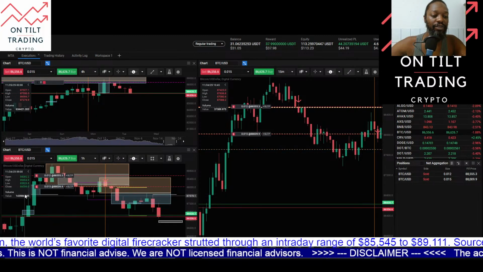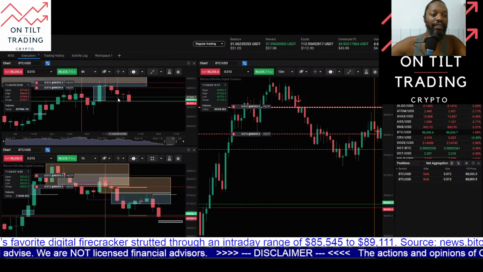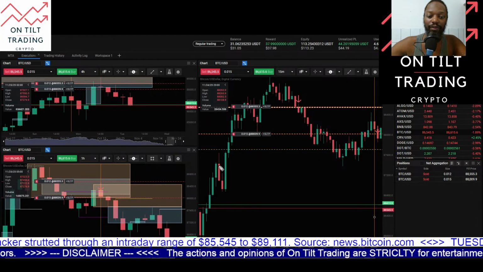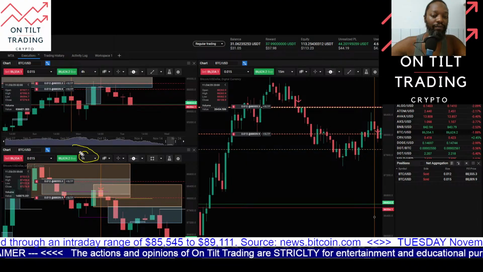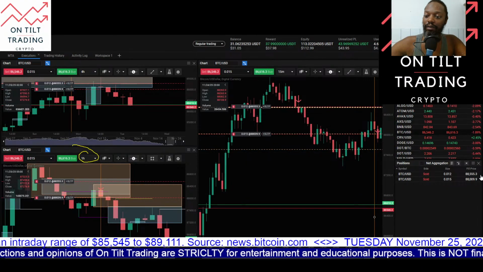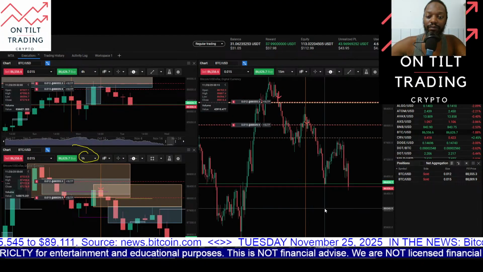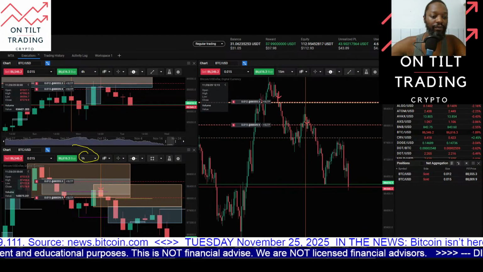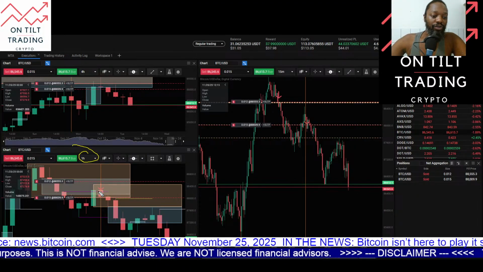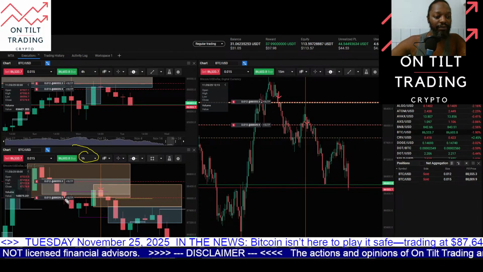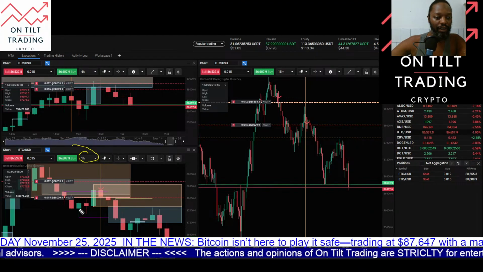Then the second position is based off of the 60-minute chart, the 1-hour chart. We'll come here. So what triggered this trade idea is there is this price action that comes in here.